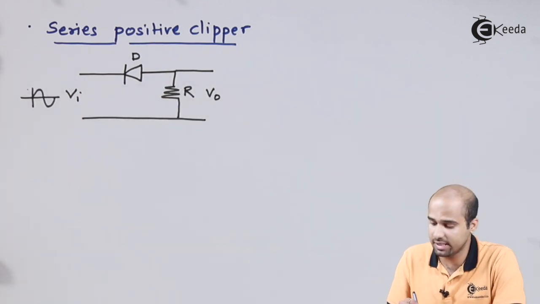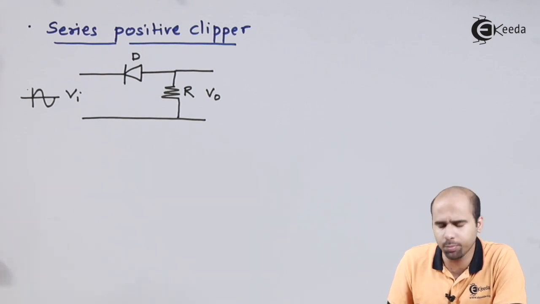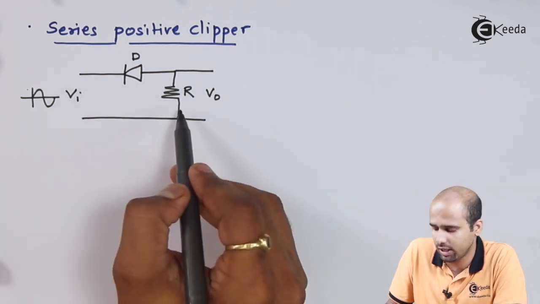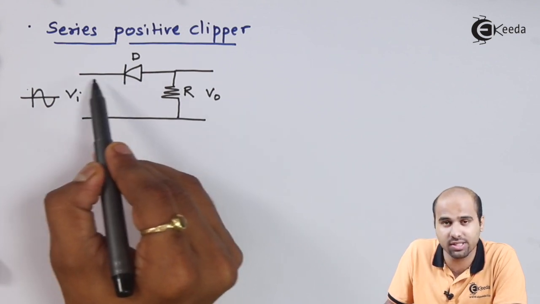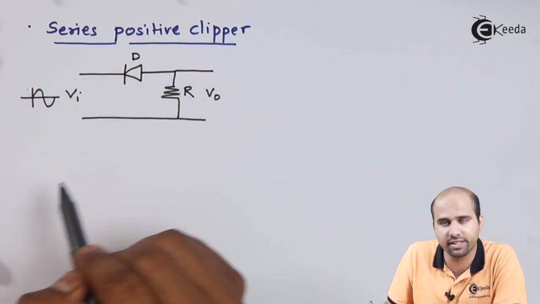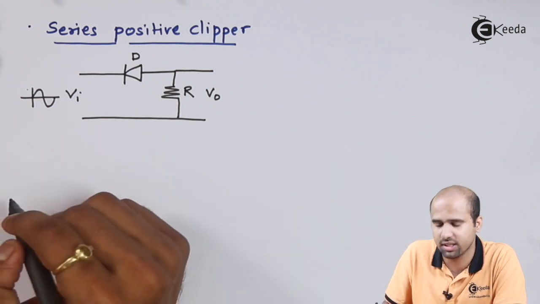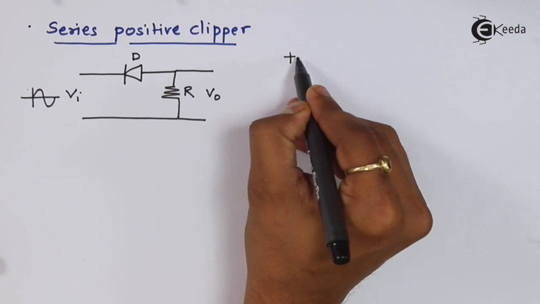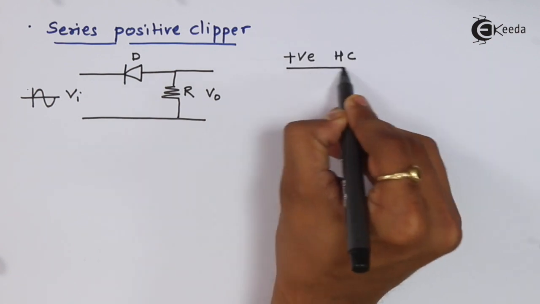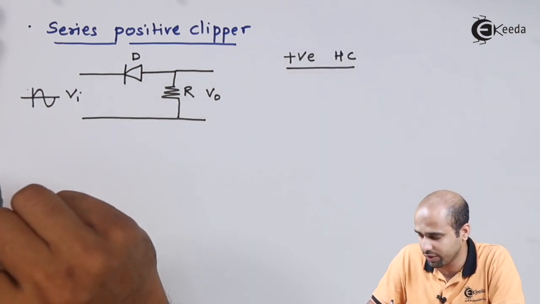This is your series positive clipper circuit. Simple. Diode D, resistance R. Make sure that the cathode of diode D is connected to input, and the anode is connected to output. So let's see the operation of series positive clipper. Now in positive half cycle, what will happen?